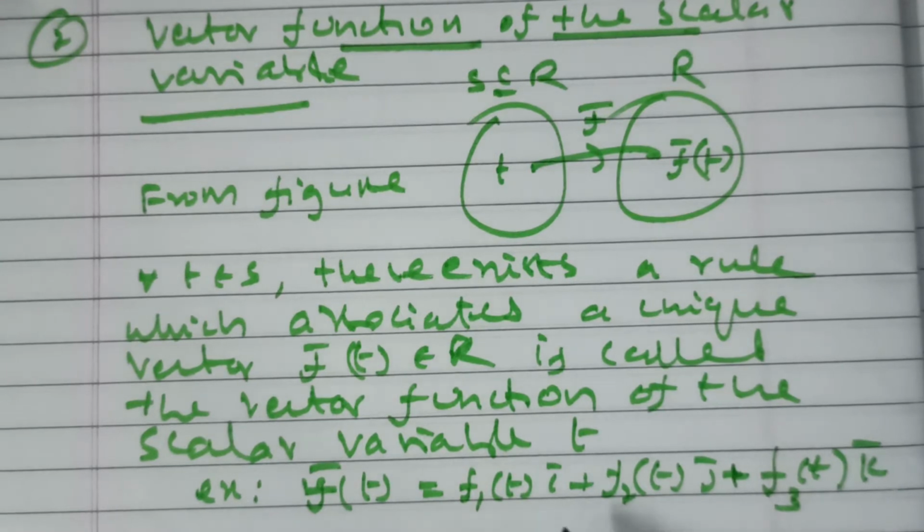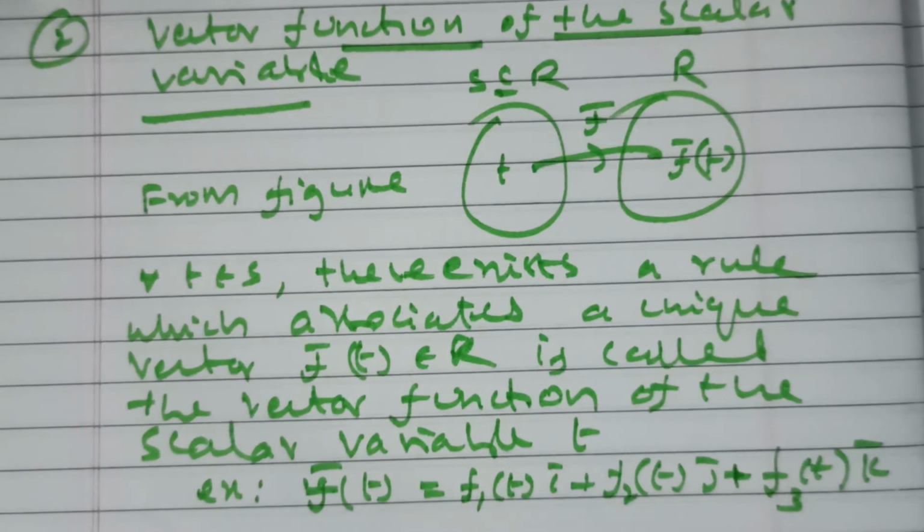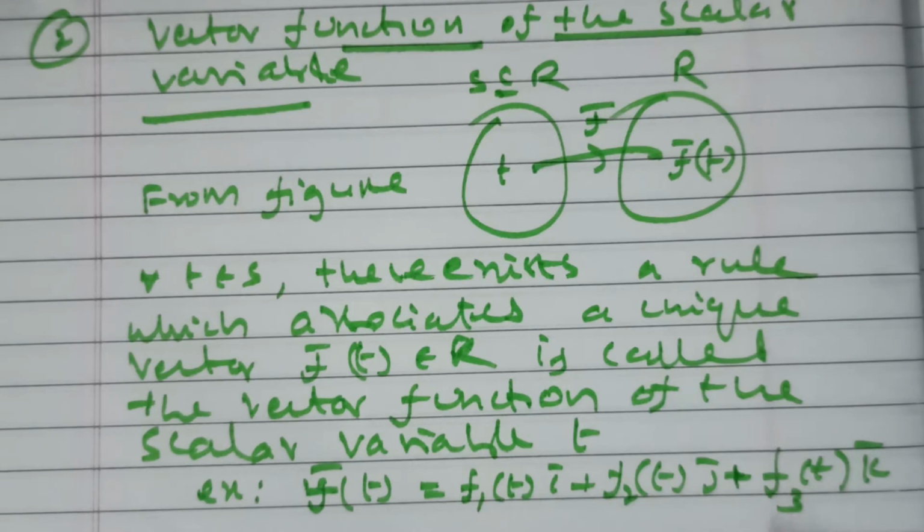See that now f1 of t, f2 of t, f3 of t are the scalar functions which are associated with the i bar, j bar, k bar terms, so that it is a vector function. The total is a vector function, as i bar, j bar, k bar are there; any function like this is called a vector function.